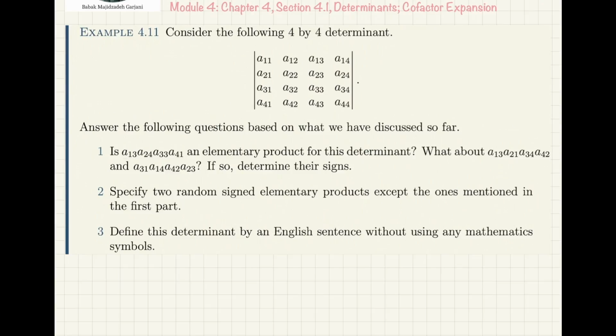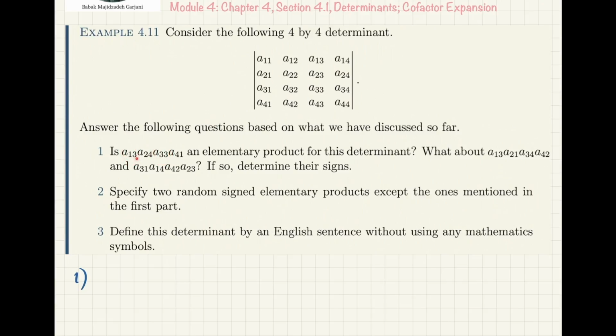You see I have a 4 by 4 determinant and that's a product of 4 entries of the determinant. Now I am asking, is this an elementary product for this determinant? I think it's very clear now. For problem number 1, the answer is no. Why? Because the second index is 3 and another second index is again 3. So 2 entries have been chosen from the third column.